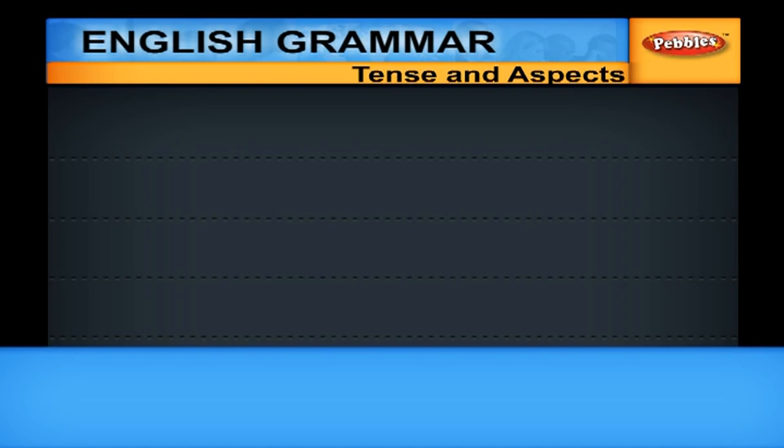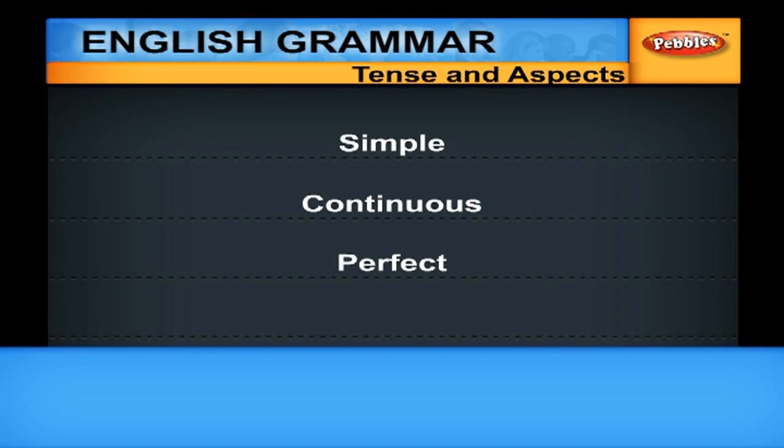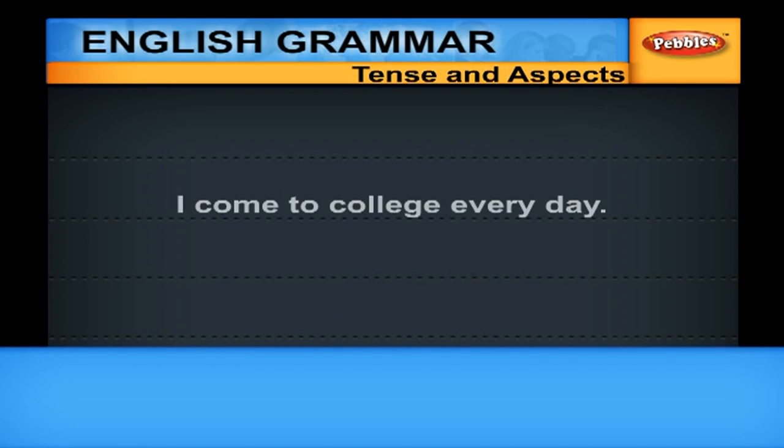The tense can be past, present, future. The aspect can be simple, continuous, perfect, and perfect continuous. And a verbal phrase can have one lexical or main verb and one or more helping verbs.